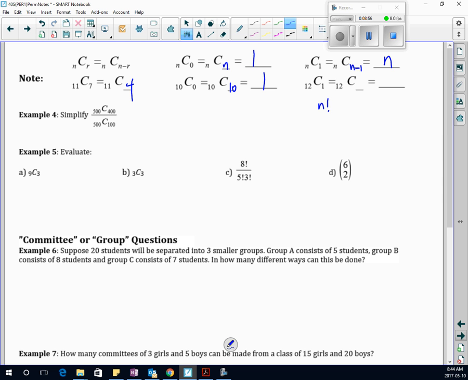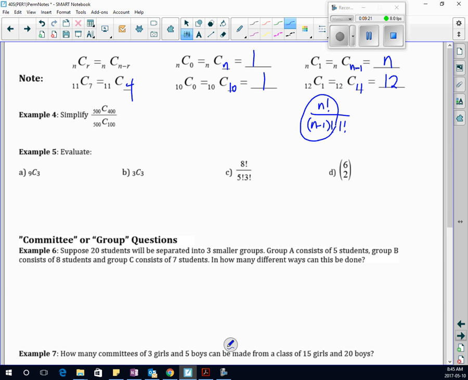NC1 would be n factorial divided by n minus 1 factorial and then 1 factorial. Do you see when you simplify that, you get n, right? So 12C1 is the same thing as 12C11. And what's that equal to? 12.